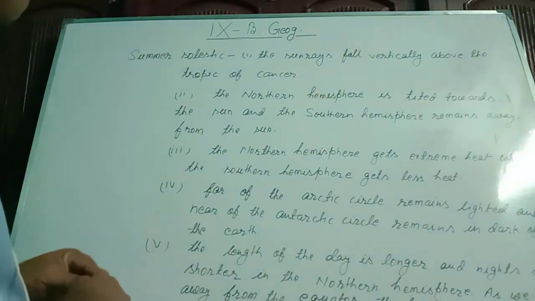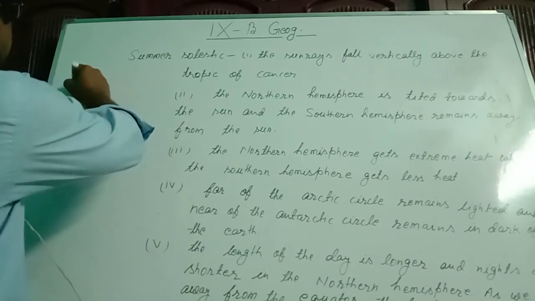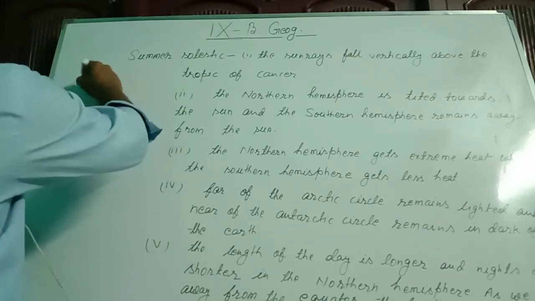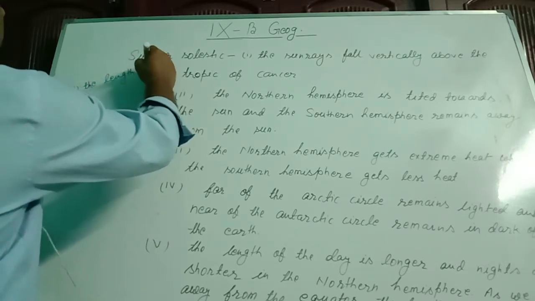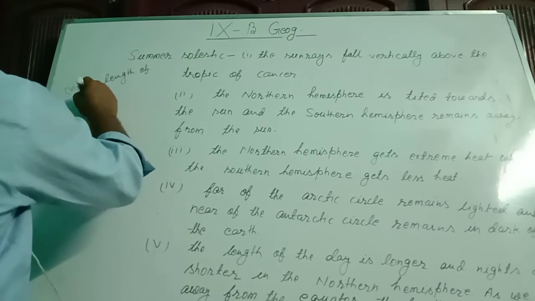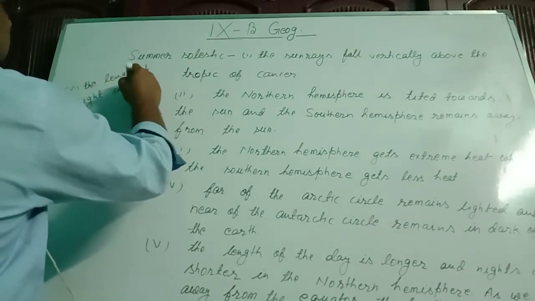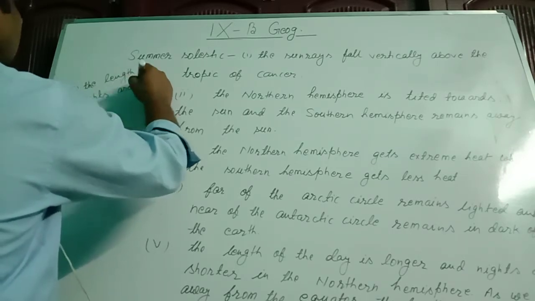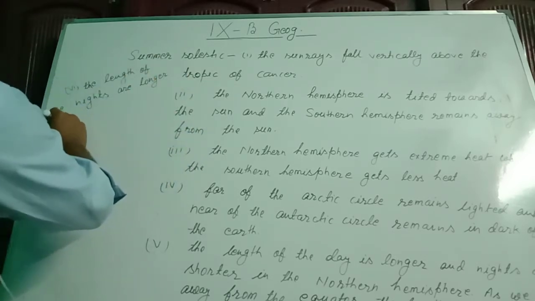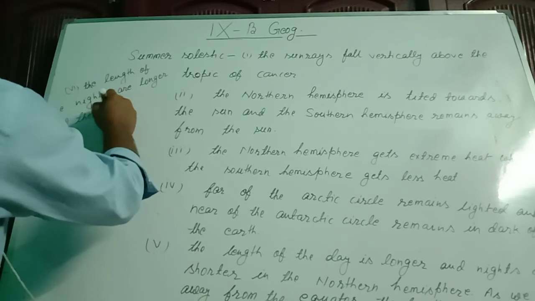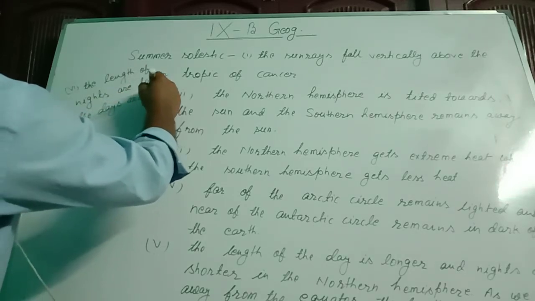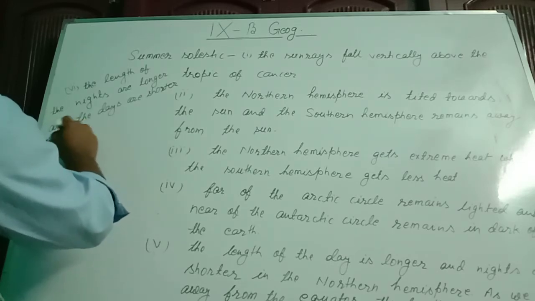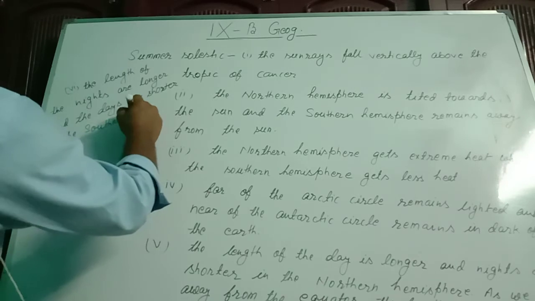For that we can write feature 6. The length of the nights are longer, and the days are shorter in the southern hemisphere.